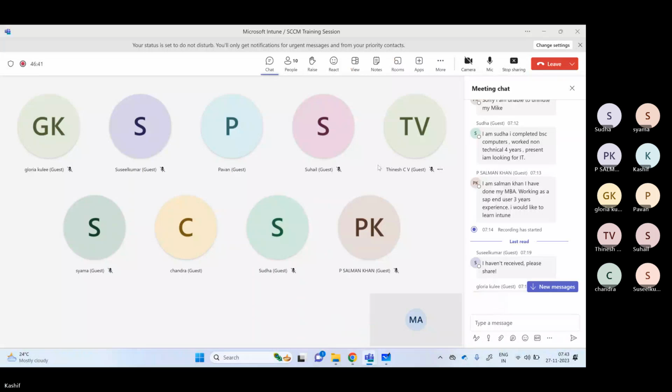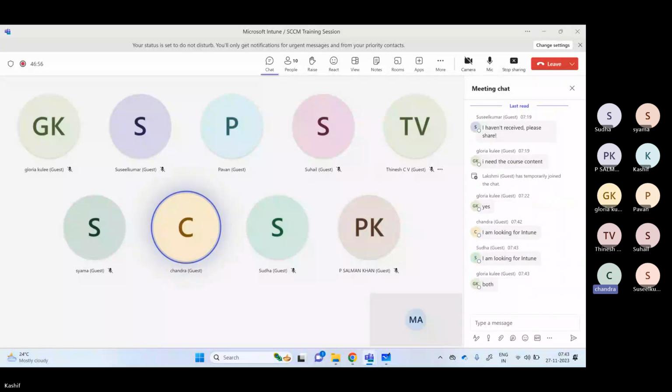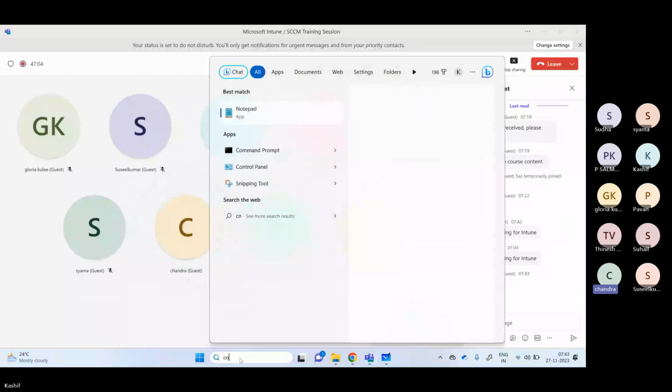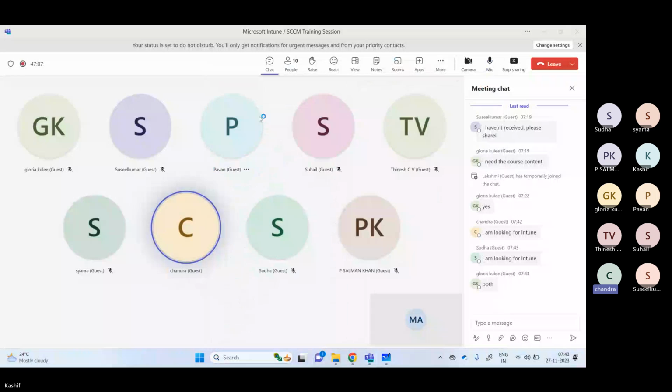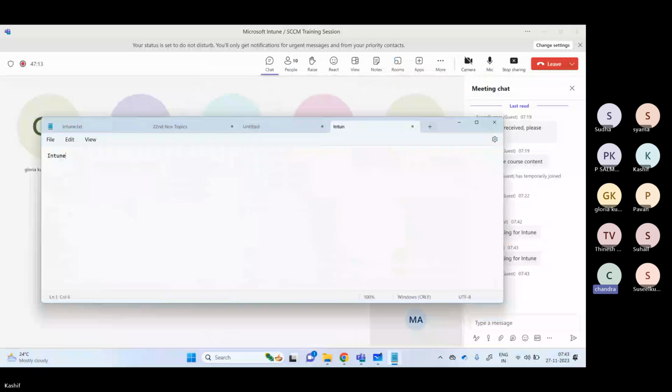Gloria, SCCM or Intune? Kashif, I'm looking for Intune. Chandra? Yes, Kashif.